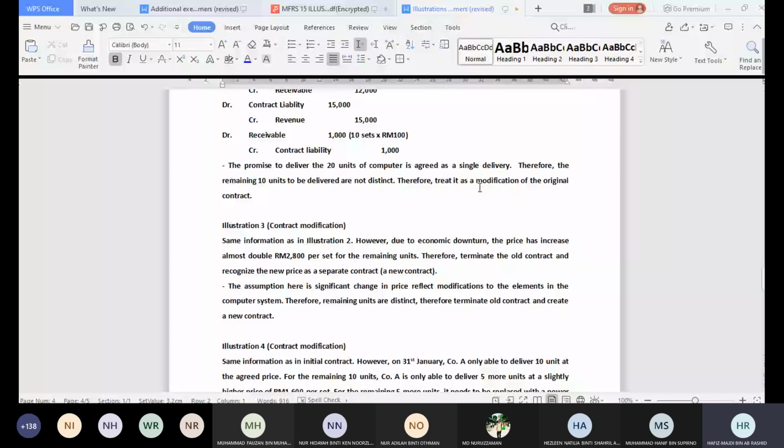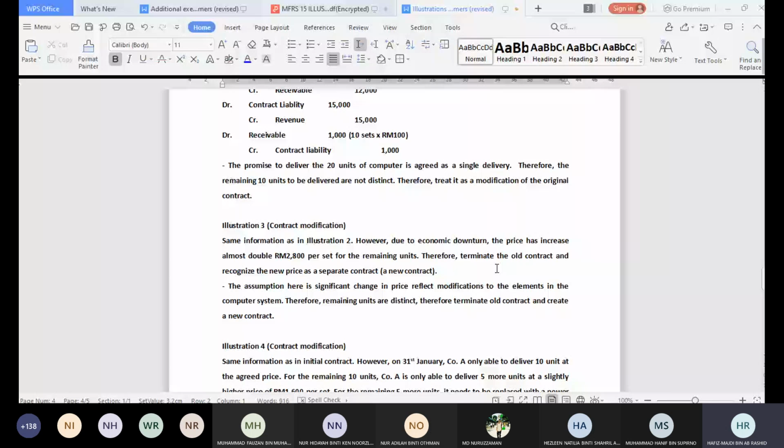But in illustration 3, the increase in price is almost double. So as if now you would have a totally different kind of computer system. That is basically the assumption.